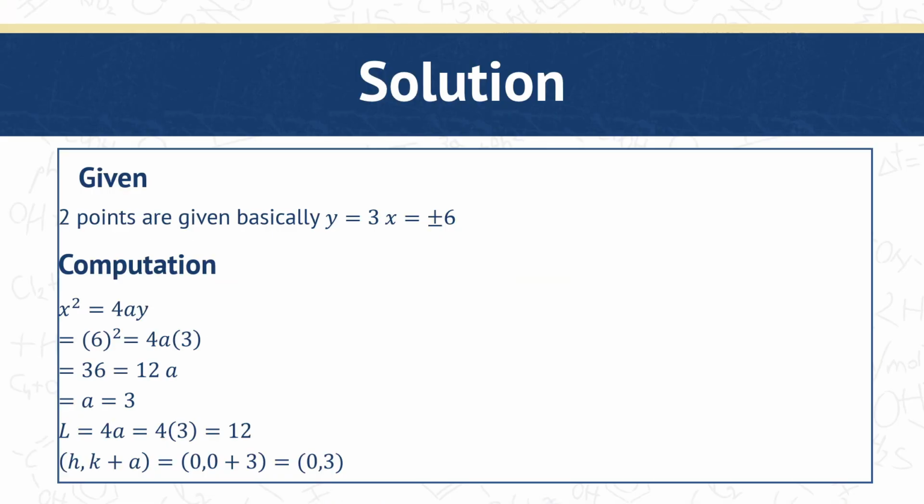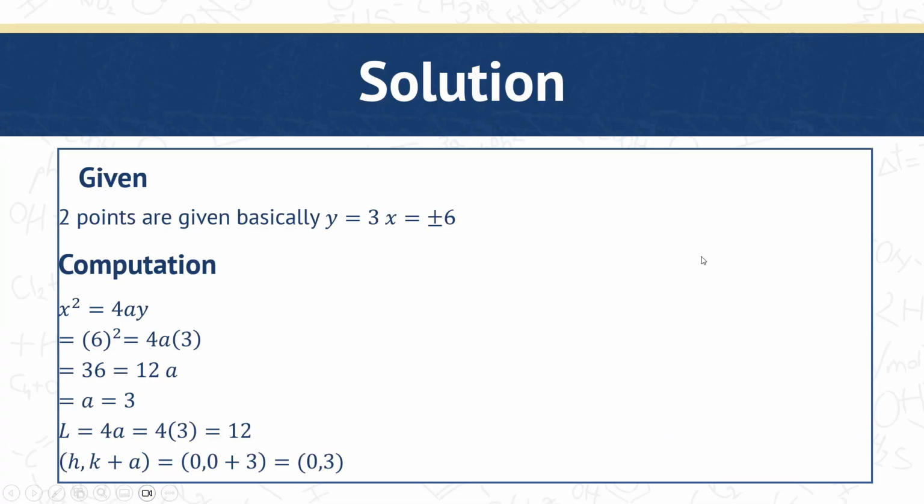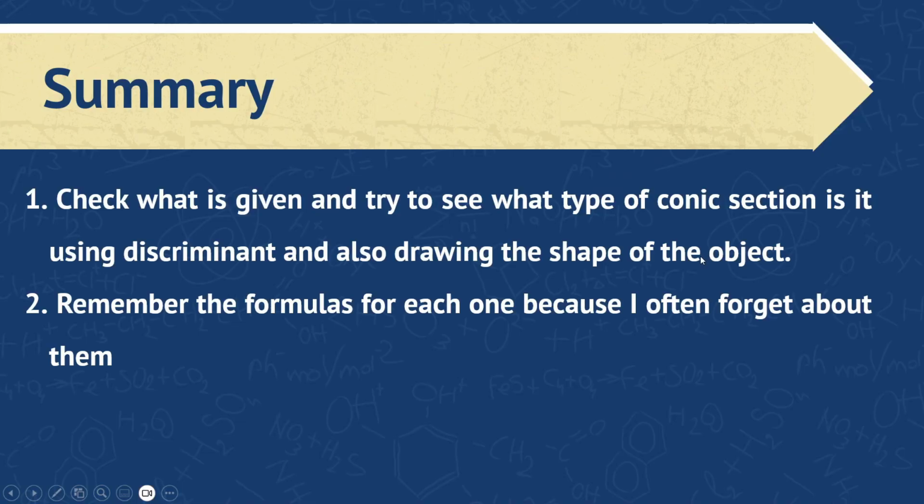So yeah, this is another example that I feel like the professors would very much like to use, the satellite dish. So, summary: I usually try to look for what type it is using the discriminant, of course, b squared minus 4ac.